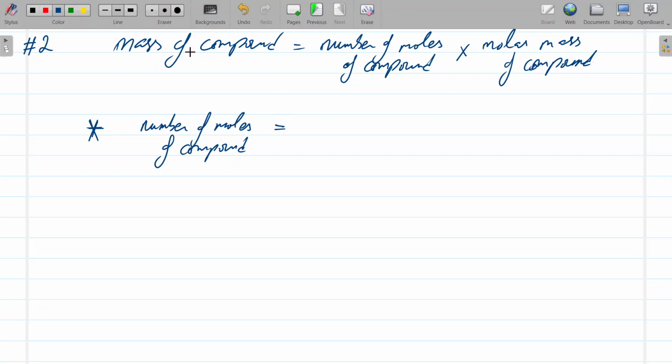So having this formula over here at the top, how am I going to find the number of moles of a compound?